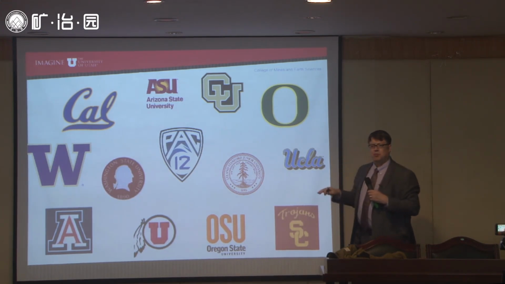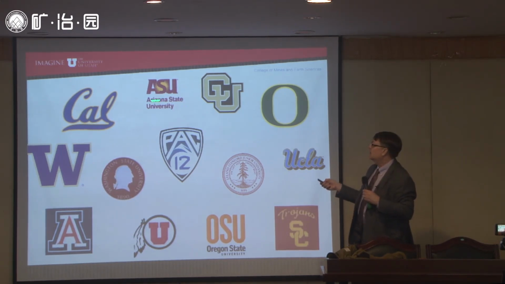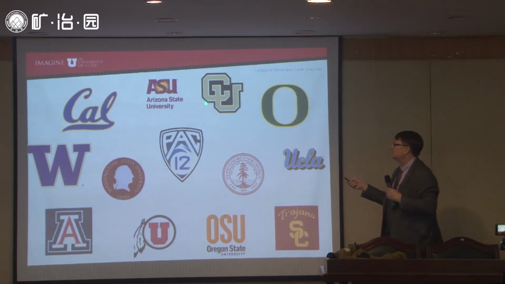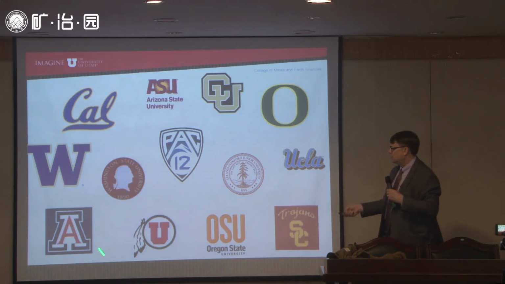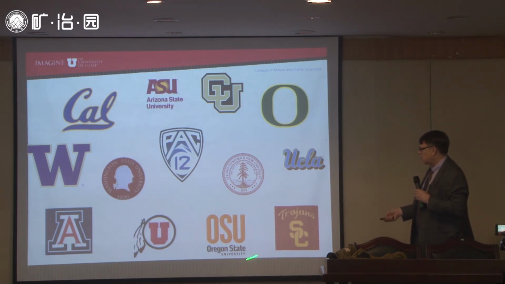The schools that are part of the Pac-12 are the University of California, Berkeley, Arizona State University, University of Colorado, University of Oregon, University of Washington, Washington State University, Stanford University, UCLA, University of Arizona, there's us, University of Utah, Oregon State, and the University of Southern California.